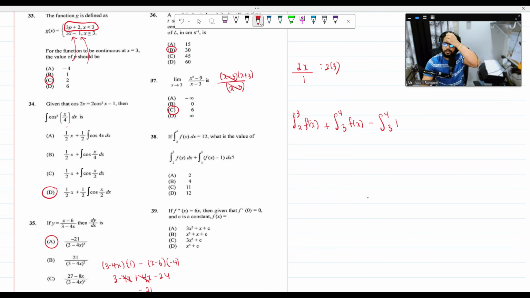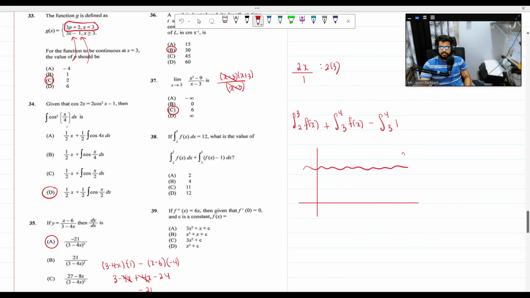Now I'm going to show you something cool. When it comes to integrating, if this is a function f of x, and I have a, b, and c. The area, this whole big area here, is the integral between a and b of f of x dx.